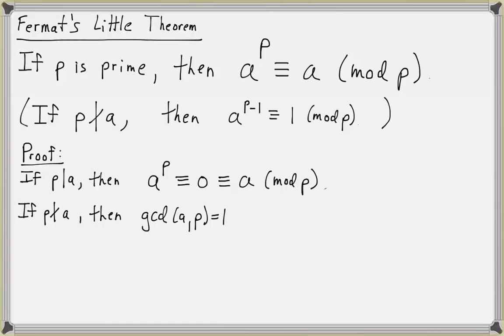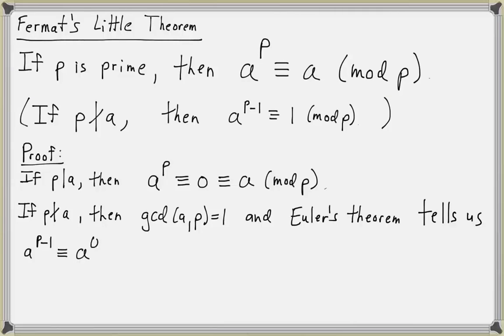And by Euler's theorem, it tells us that a to the p minus 1 power, which is a to the phi of p. Remember, if p is prime, then phi of p is p minus 1.